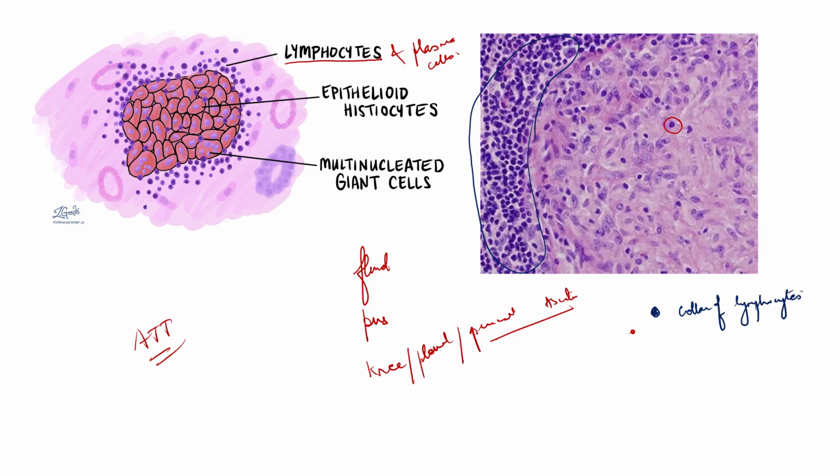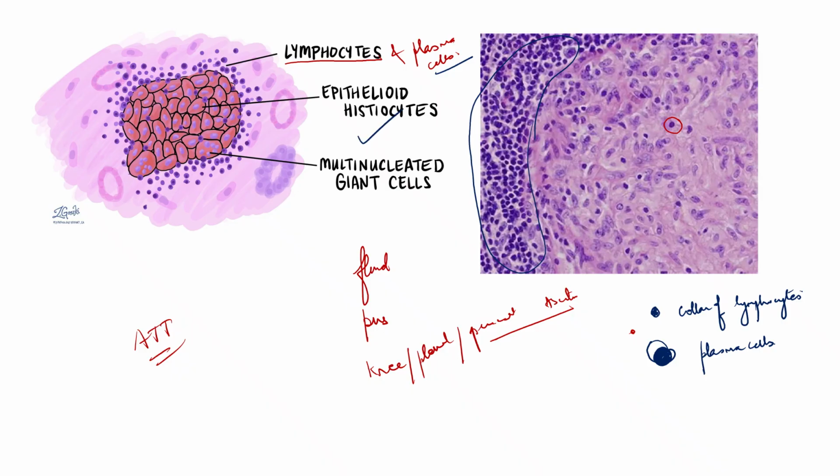We will see a collar of lymphocytes, and plasma cells. A lymphocyte with an eccentric nucleus on the side will be a plasma cell. So we'll see plenty of plasma cells along with lymphocytes, and it will be like a sheet around the necrotic area.